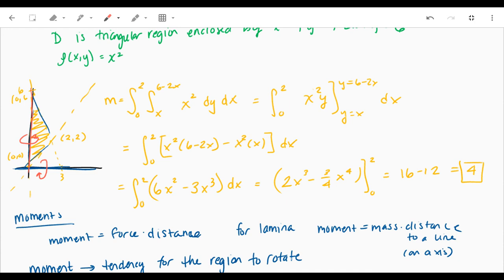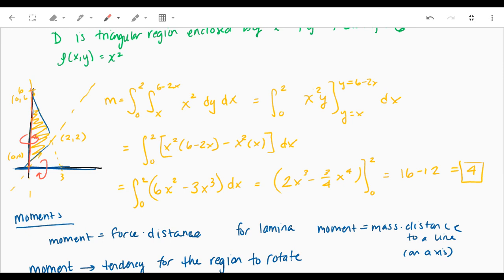Okay, it's a little bit more settled in there, I guess. I don't know what the way to think about it, but hopefully you can see that when we're looking at the x-axis, there are more points that are farther away than around the y-axis.